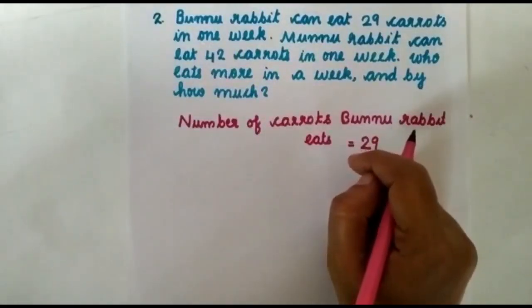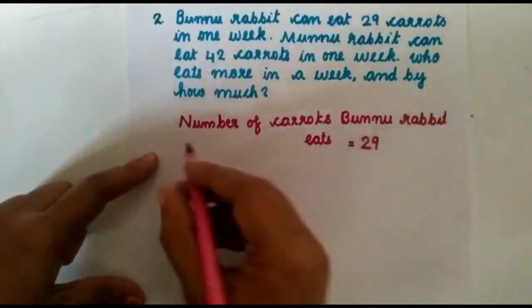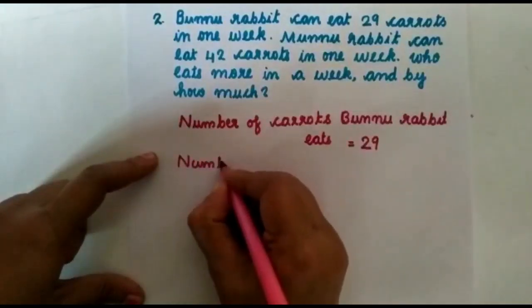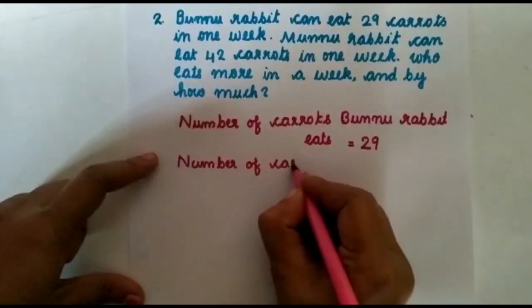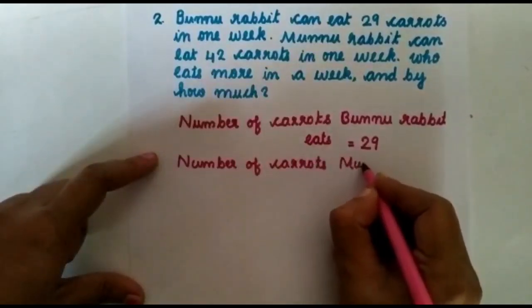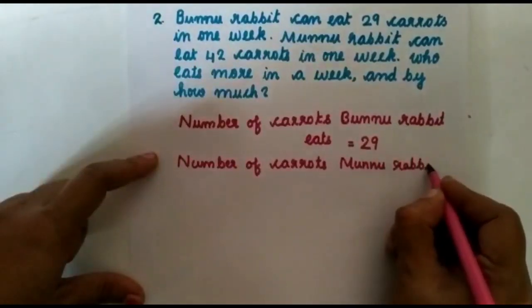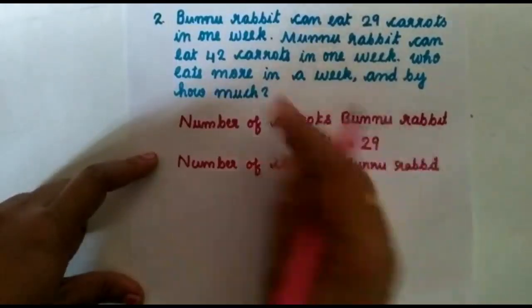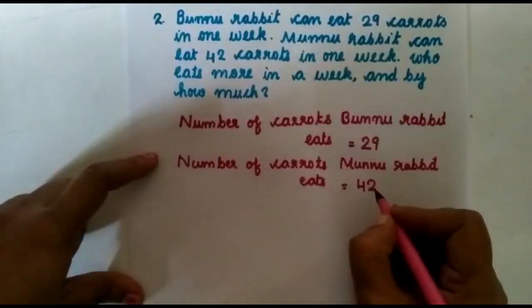Next step, number of carrots Munu rabbit eats equal to 42.